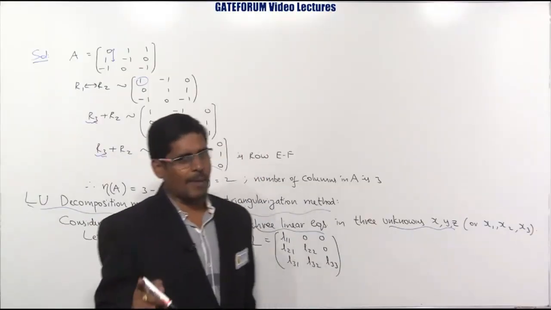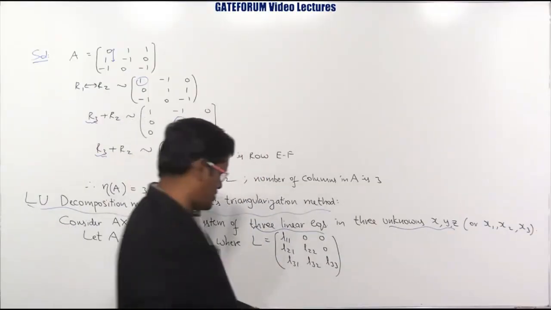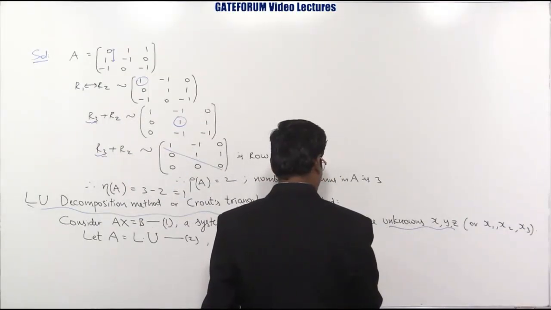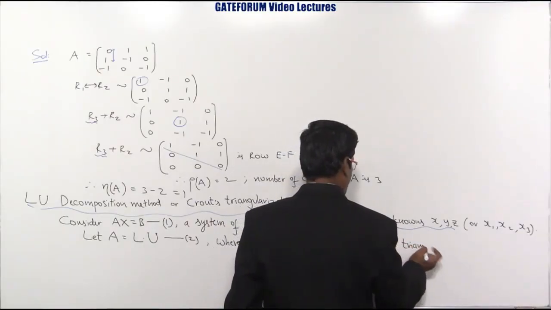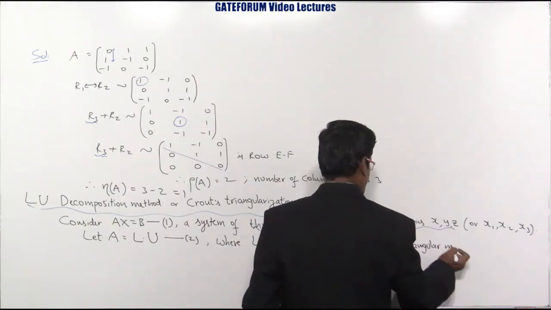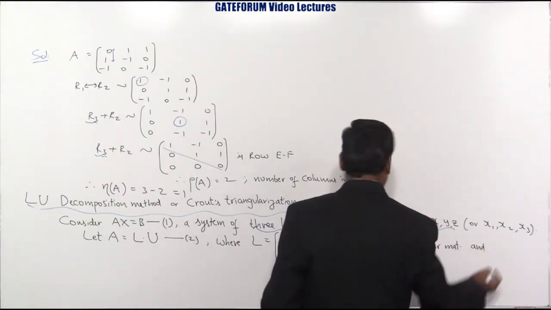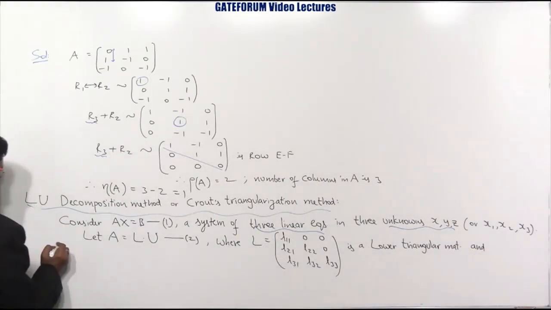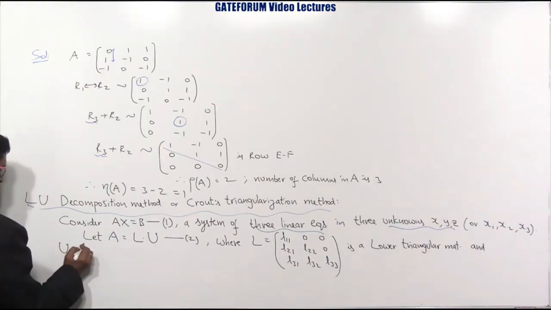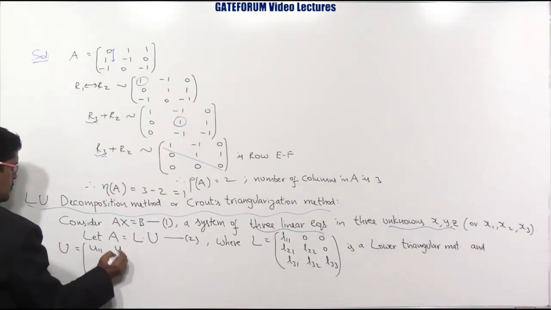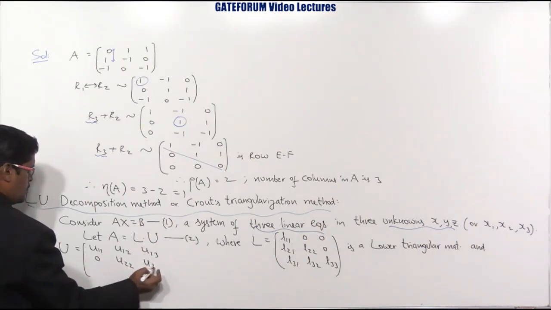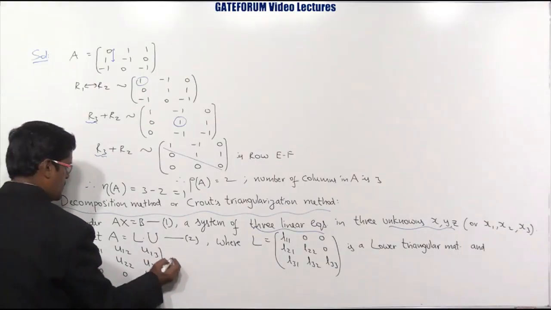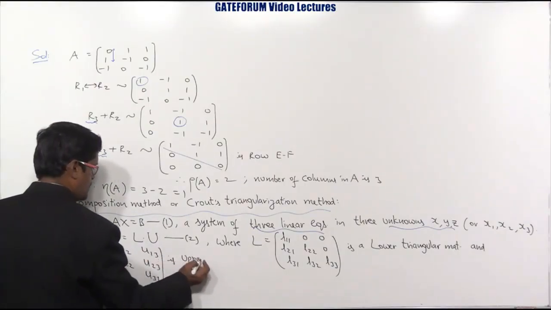A matrix is denoted by capital letters, its elements by small letters. L is a lower triangular matrix. And U = u11, u12, u13, 0, u22, u23, 0, 0, u33, an upper triangular matrix.